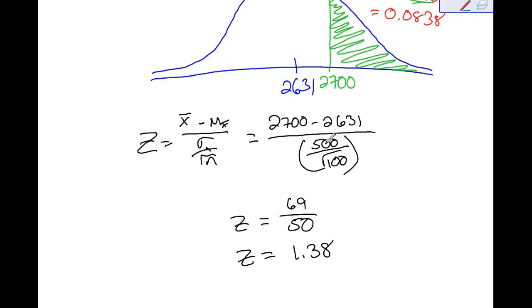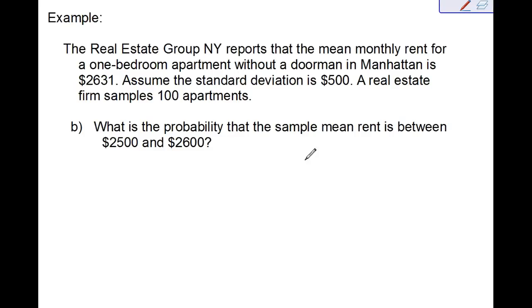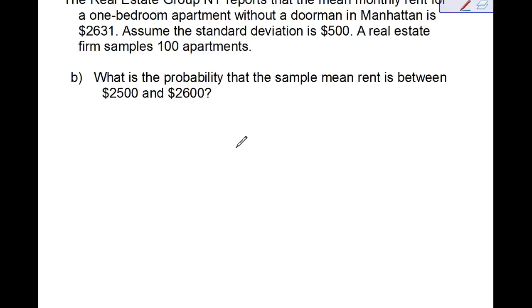Okay, let's look at one other example, still using the same apartment rent. What is the probability that the sample mean rent is between $2,500 and $2,600? This time we're going to have to find two z values.